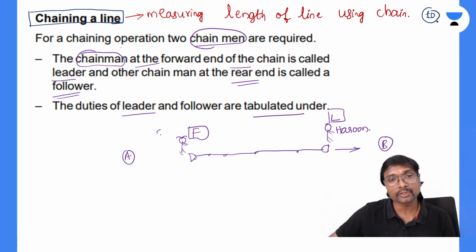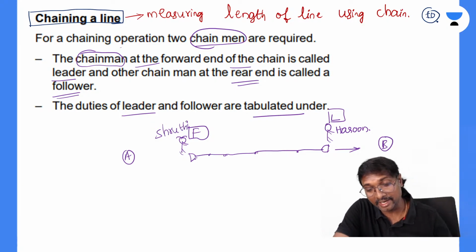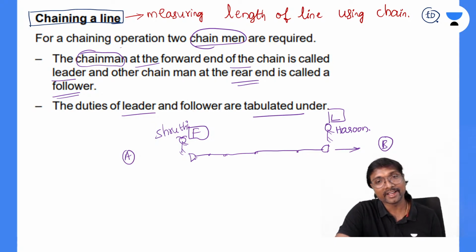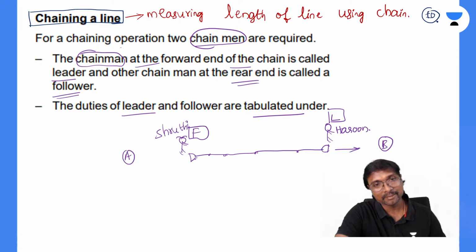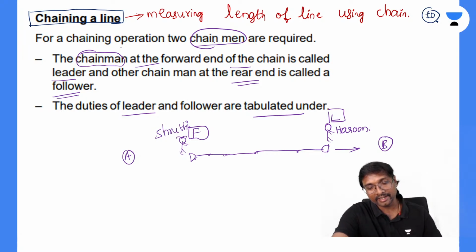Let us say this is Shruti. Harun will be helping his elder sister, pulling the chain in the forward direction, because Shruti cannot pull the chain properly. She does not have that much energy, and she says, "Hey brother, you do it for me.